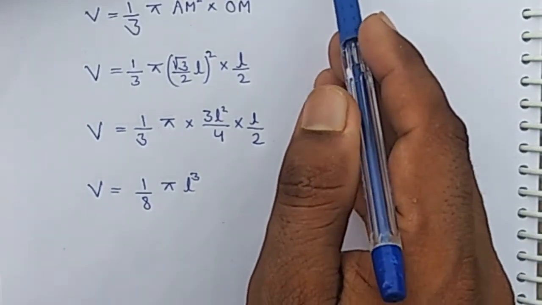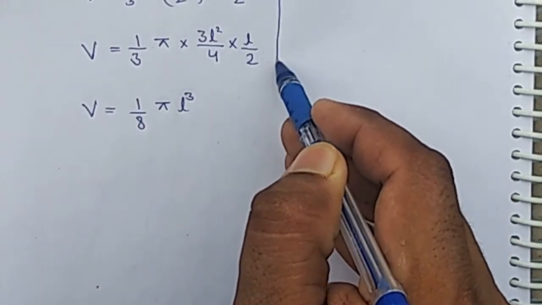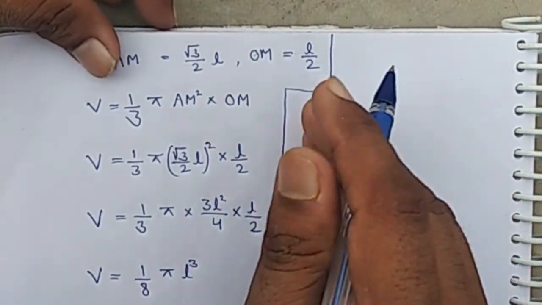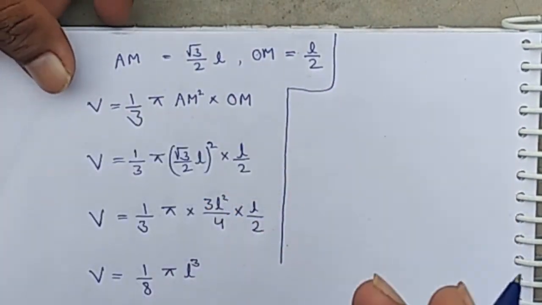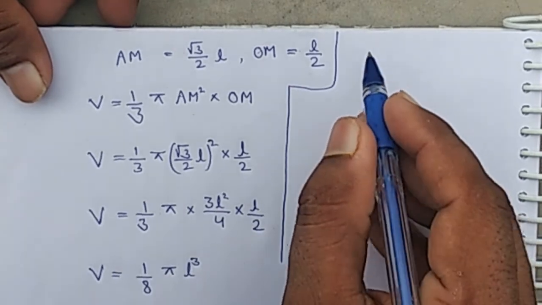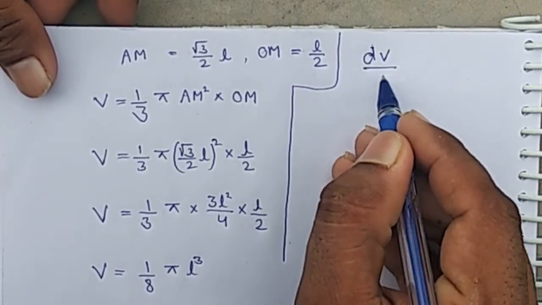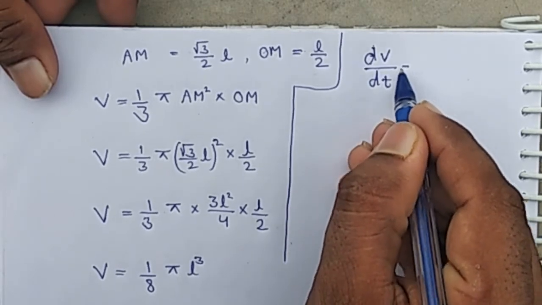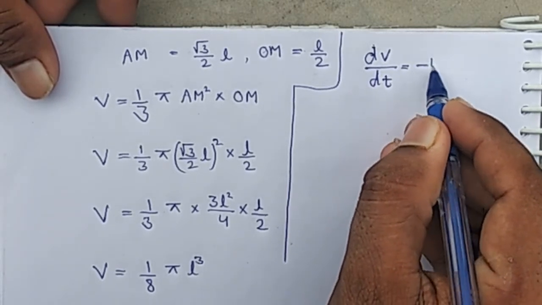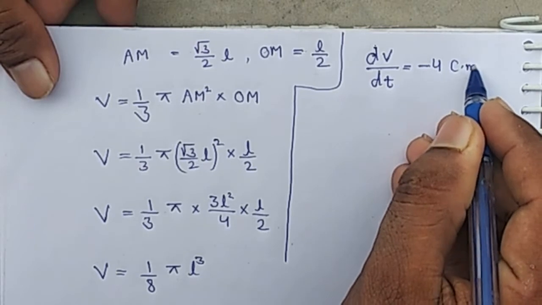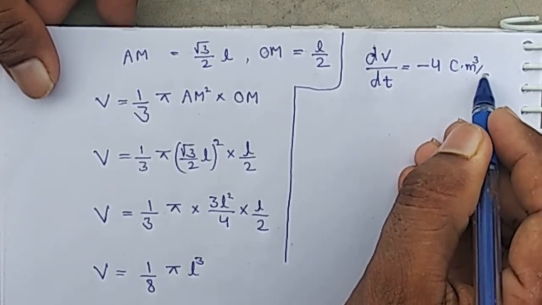Now given that water is dripping through a tiny hole at the rate of 4 centimeter cube per second, it means dV by dt is given and it is decreasing, so it is minus 4 centimeter cube per second.